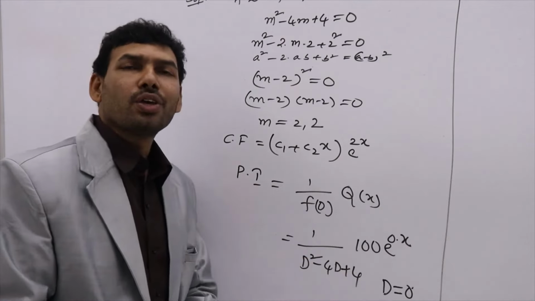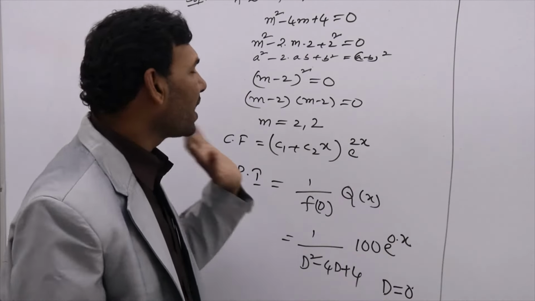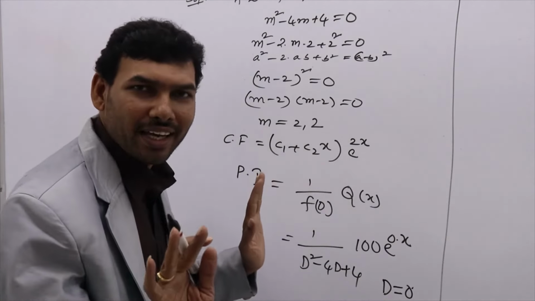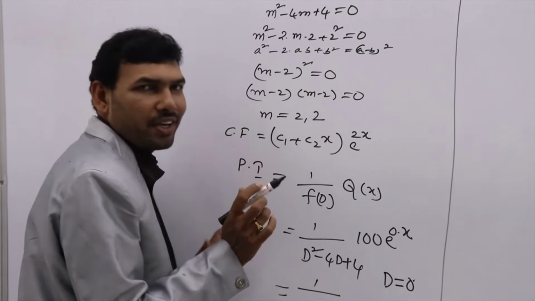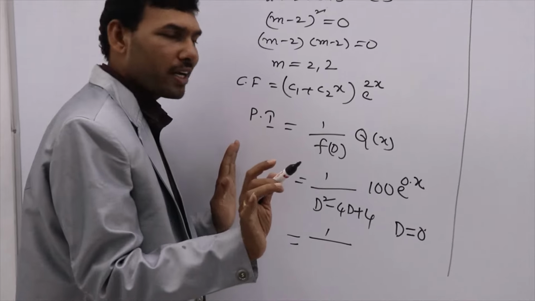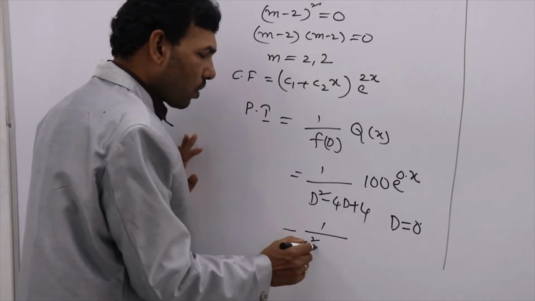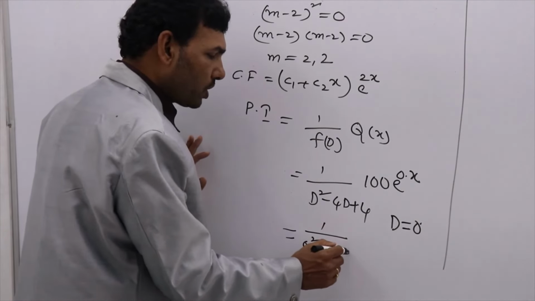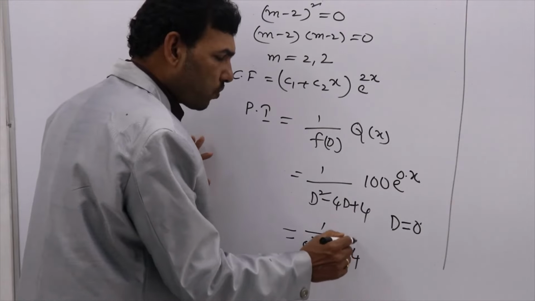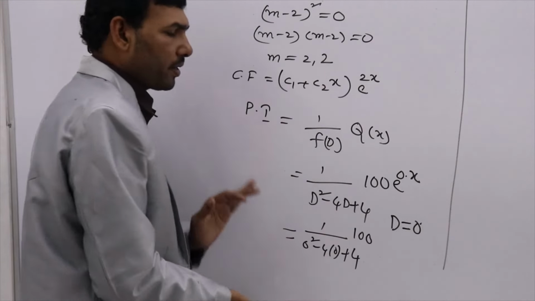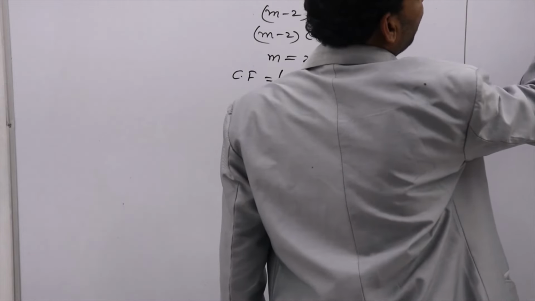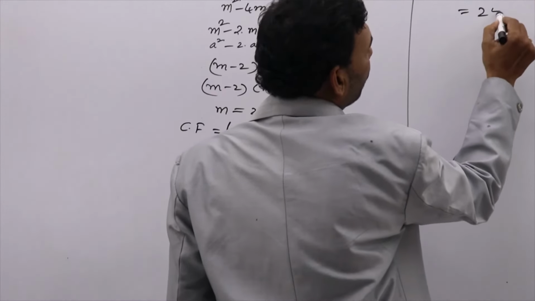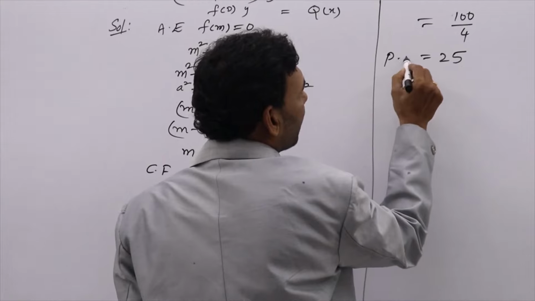No. If you don't have this value here, fearlessly you can write in the place of D. You won't get 0, 100%. 0 square minus 4 into 0 plus 4, 100. So what will you get? 100 by 4, 25 is PI.